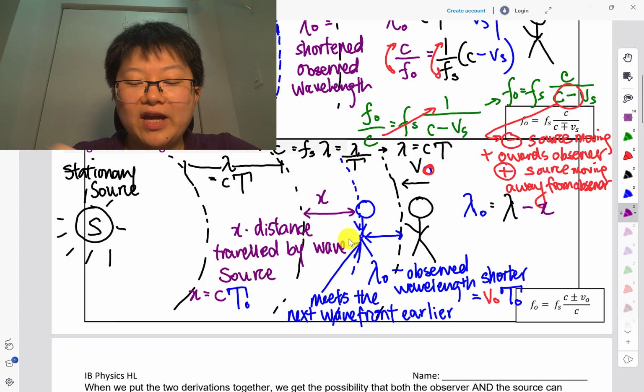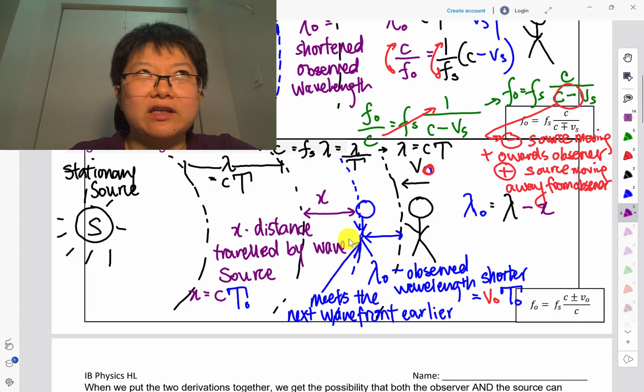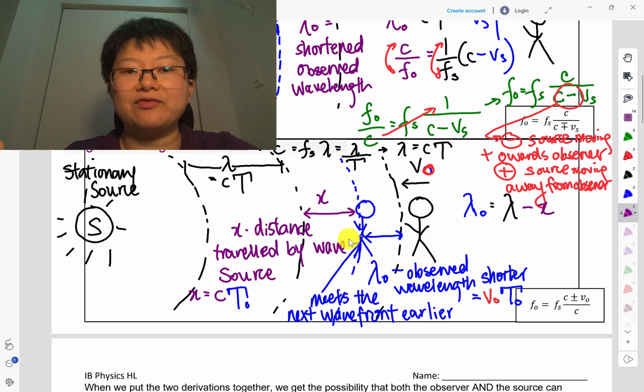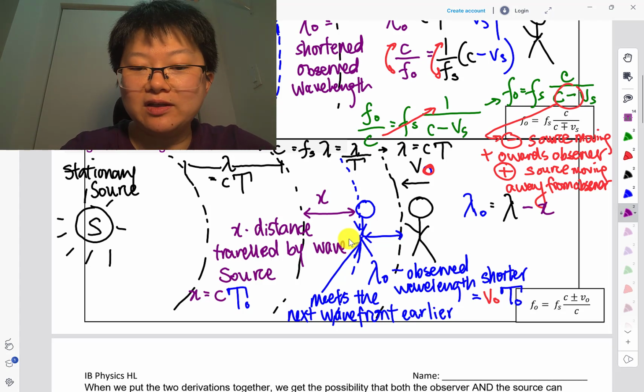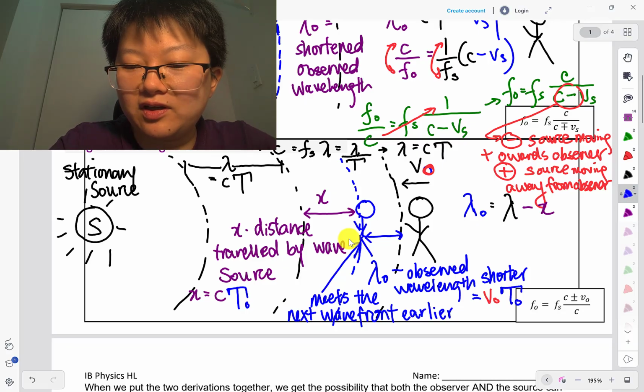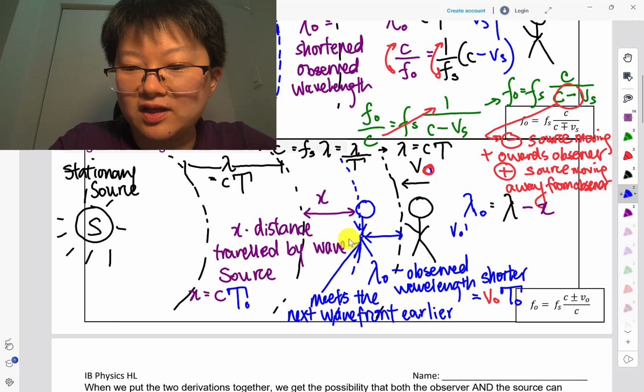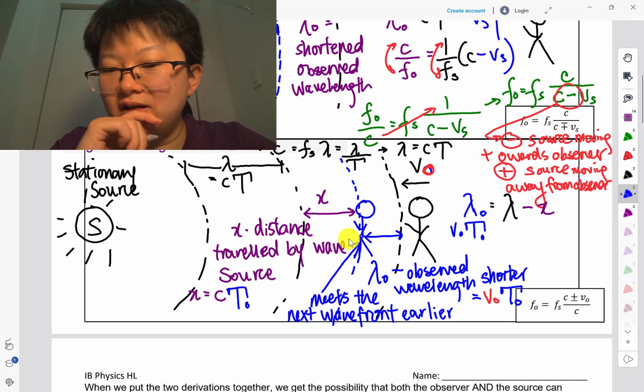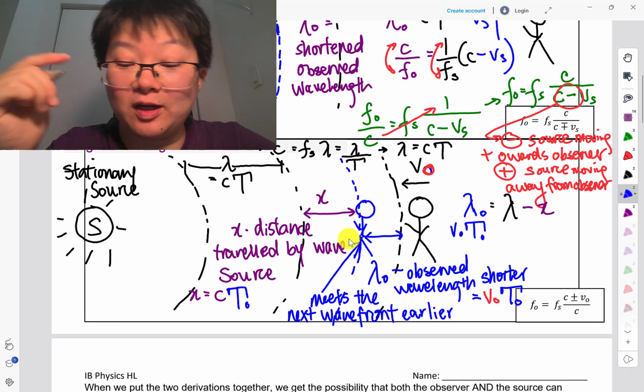And if I have to write all of them in terms of the speed of the wave and period, it's going to look like this. Over here for the observer, I have V of the observer times the period observed.